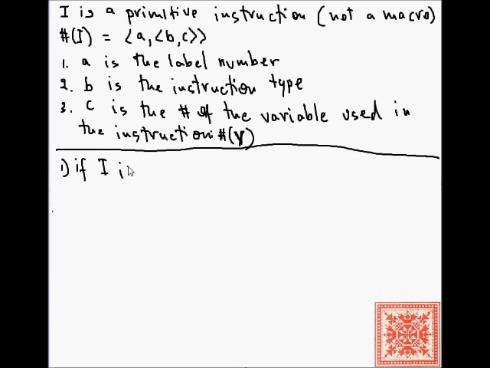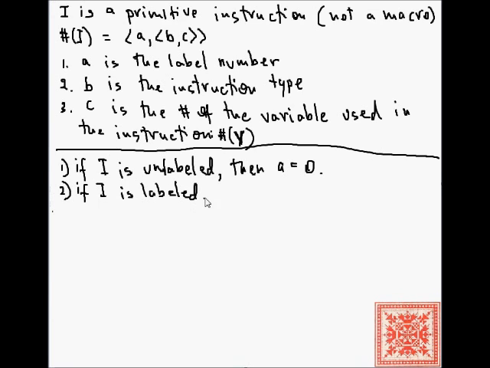So if I, which is a primitive instruction, is unlabeled, then obviously A will be 0. And if I does have a label, right, so to the left of it, it's a labeled instruction, then A will be equal to the number of the label used in that instruction, or the position of the label in the label list.